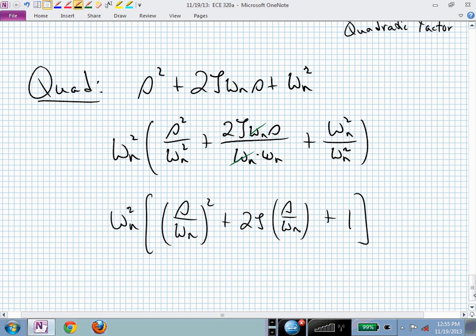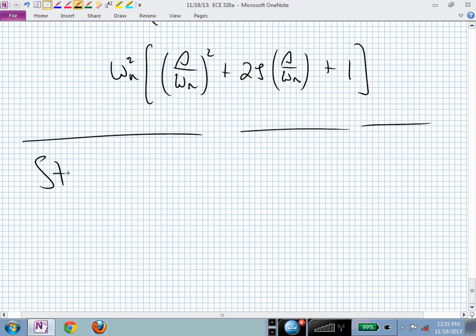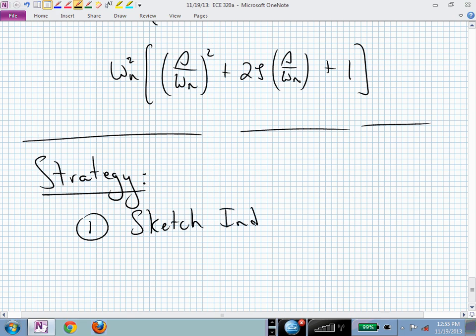All right, now we're ready. Now that it's in time constant form, we have the following strategy for sketching these Bode plots. First, we sketch the individual terms. That means we sketch the linear factors, we sketch the quadratic factors, we sketch the poles and zeros at the origin, and we sketch the constants.